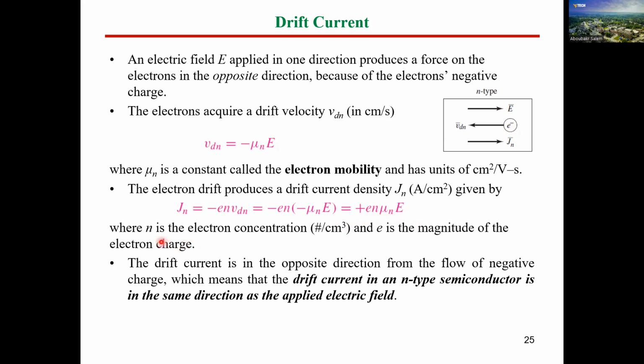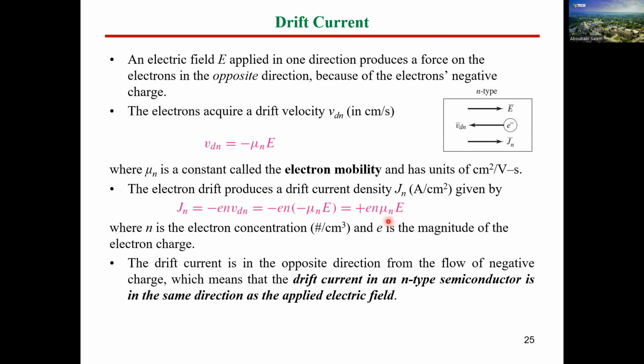N is the electron concentration per cubic centimeter, and E is called the magnitude of the electron charge. So it's a constant, called the electron charge, and this will be given as well. So electron charge times electron concentration times electron mobility times electric field.